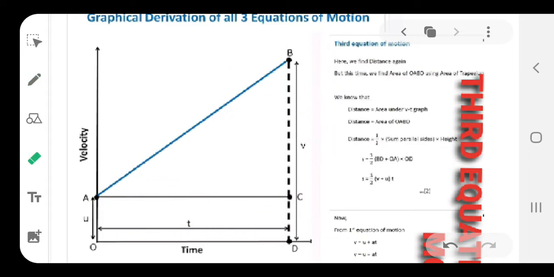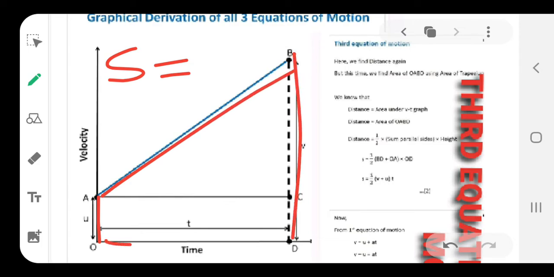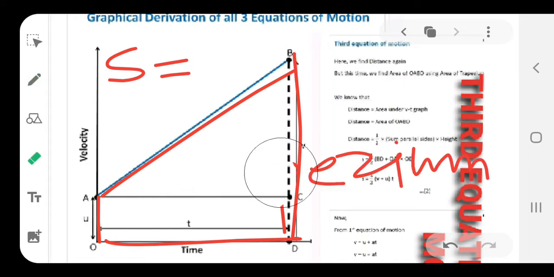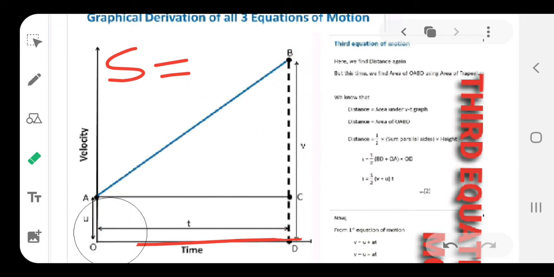We call it distance traveled as s equals to what? Now here we just take a different type of observation. Check out this figure, and if you have read this term last year, can you recollect what type of figure it looks like? Well, it is close to a figure called trapezium. So we will use this geometrical figure for our derivation.